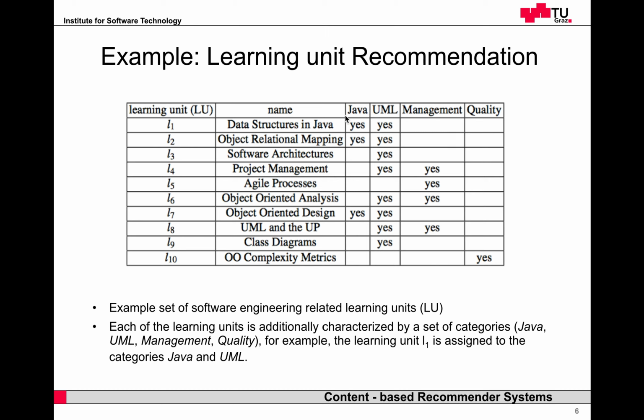As you can see on the screen, we have 4 different categories: Java, UML, management, and quality. For instance, the learning unit L1 is assigned to 2 categories, which are Java and UML.